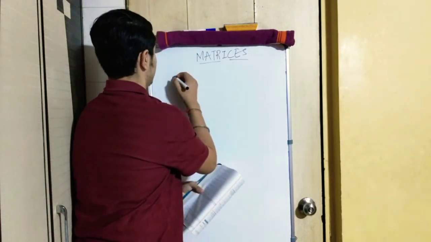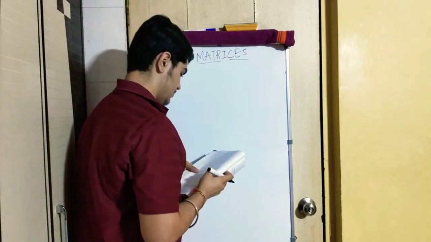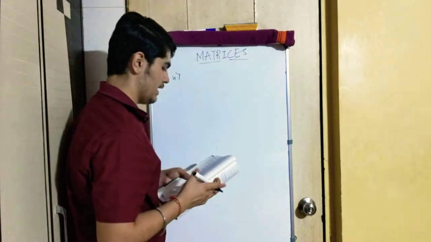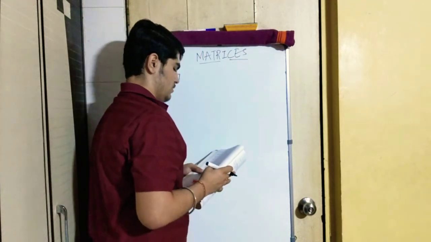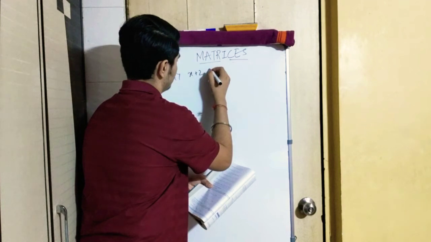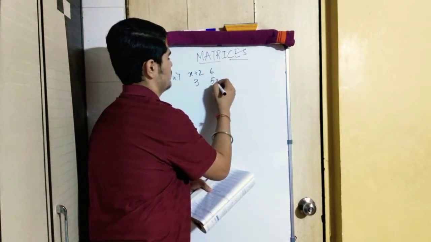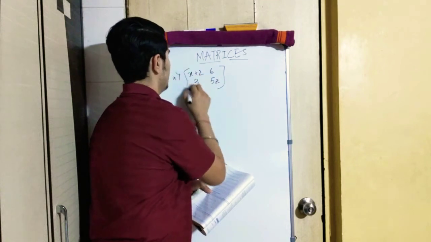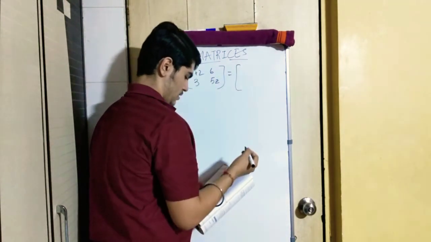So the fourth question: find the values of x, y and z. Here we are given three variables: x plus 2, 6, 3, 5, z. No need to worry, I will teach you, it's all easy.